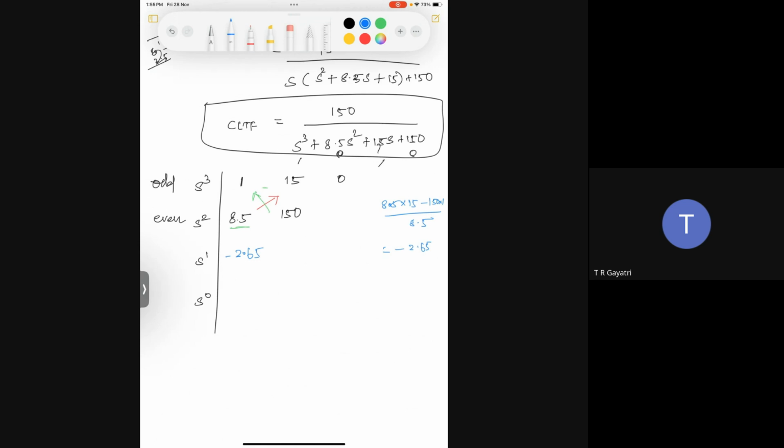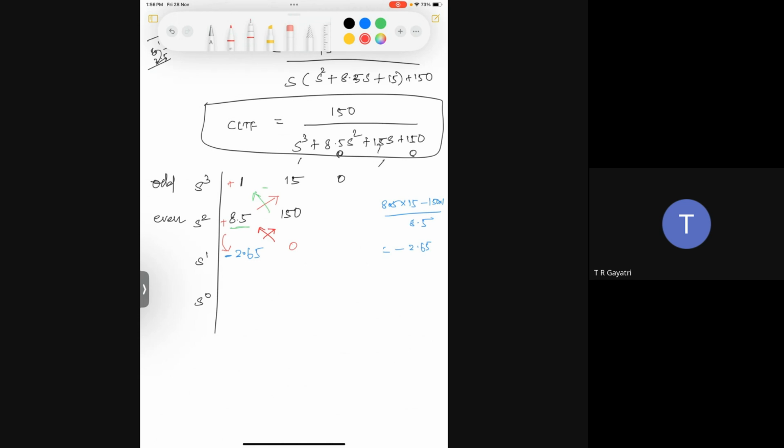We don't need to calculate all these steps because the question asked about closed loop system stability. Here, one sign change happens. Both are positive, but from positive, minus happened. So the system is surely unstable. Still, we will calculate the rest of the things also. So this is again, this will be this into minus this divided by 1.